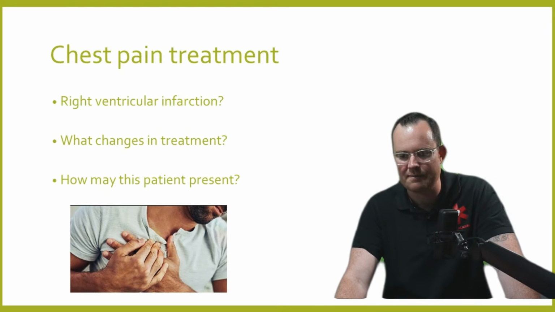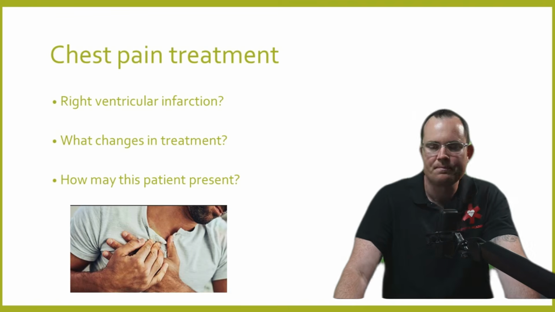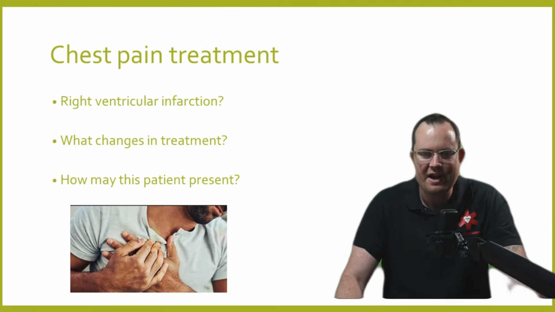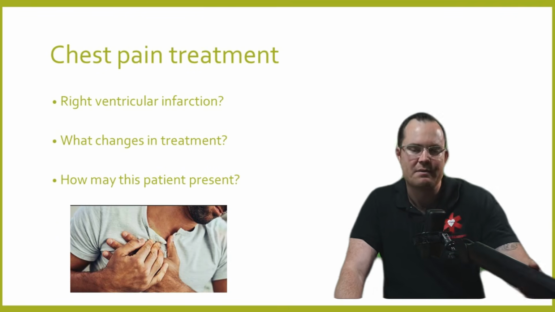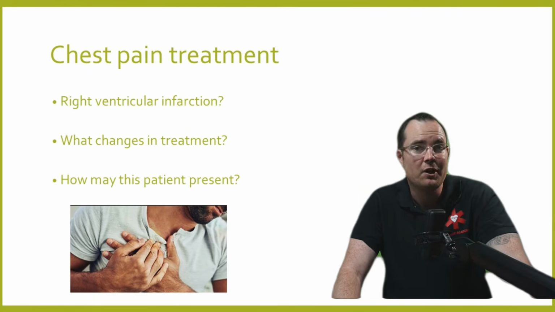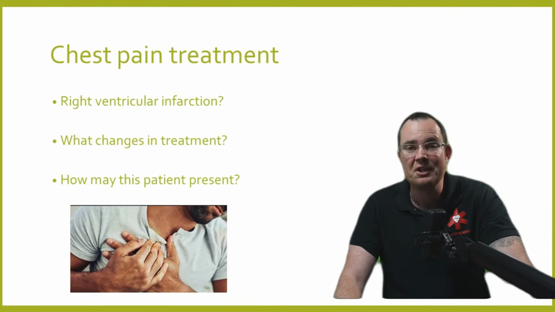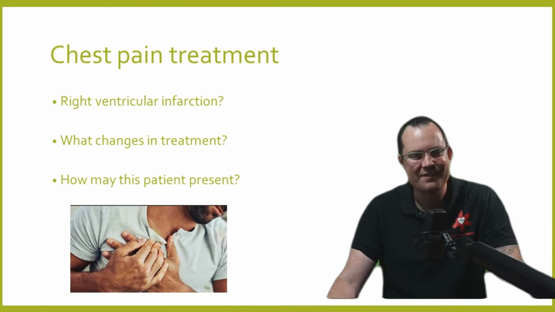How will this patient present? This patient will present with a decrease in cardiac output. So we talk about cool, pale, diaphoretic in patients with shock, right? We talked a little bit about cool, pale, diaphoretic in patients with ACS. These patients will not only look cool, pale, diaphoretic, but their blood pressure will also be aligned with that look, right?